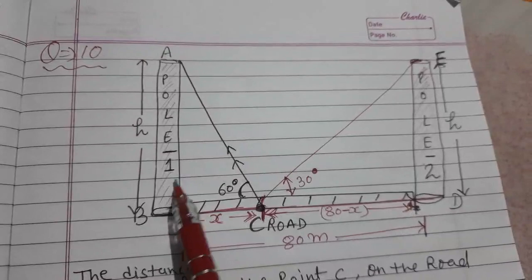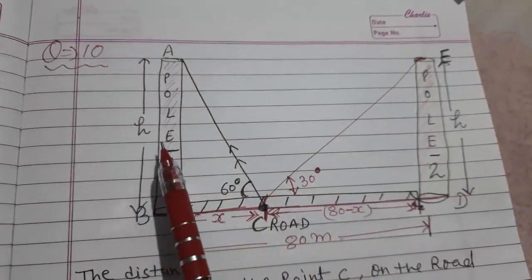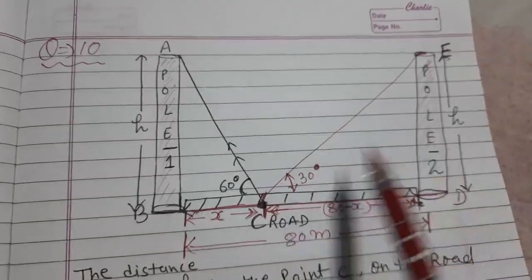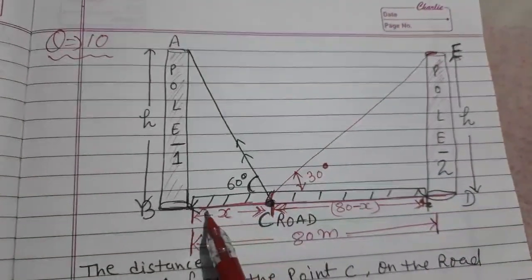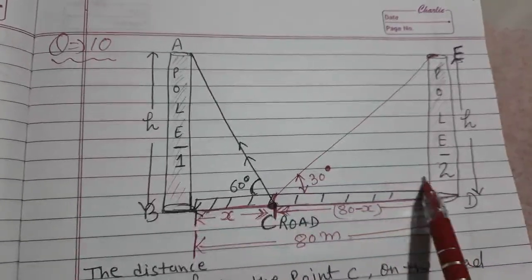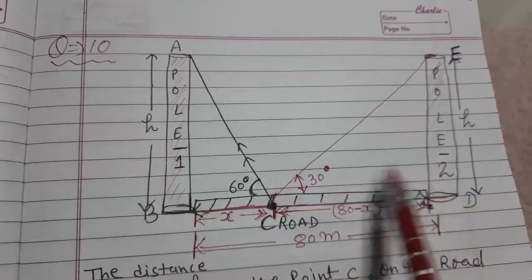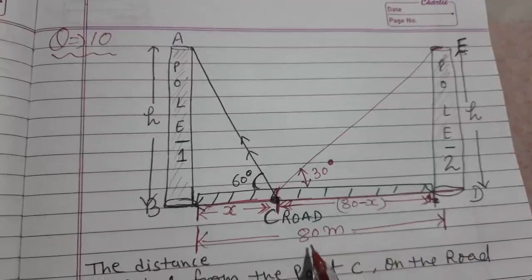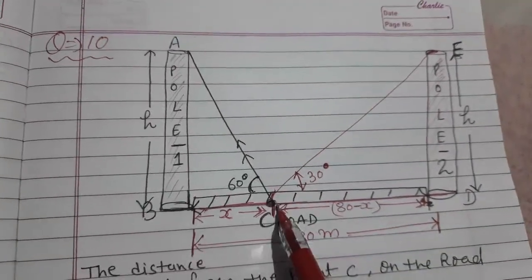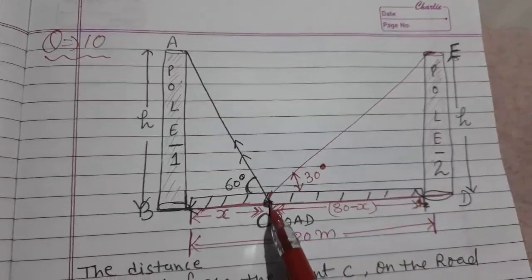We have pole 1 and pole 2 whose heights are h, as it is given that both have equal height, and an 80-meter wide road is between them, with the poles standing on either side of the road. Suppose we take a point C on the road.